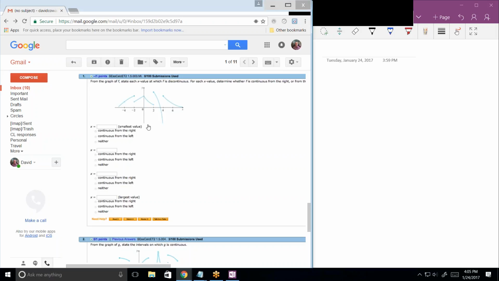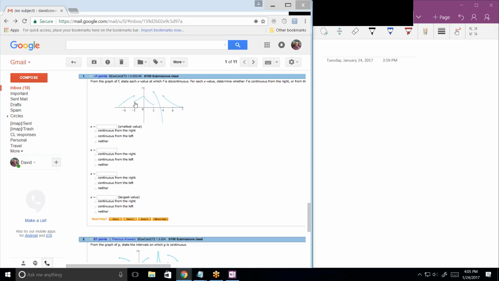All right, what's the next point of discontinuity going from left to right? Is it 2? Yep. Okay. And is that continuous from the right or continuous from the left or neither? Is it from the left? I would say neither. It's exactly the same situation as the previous one.